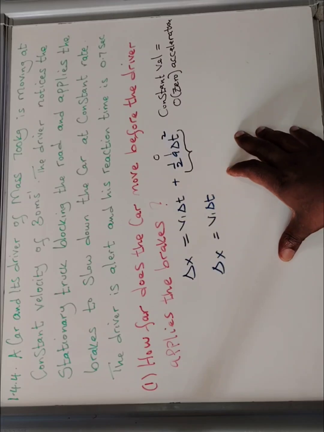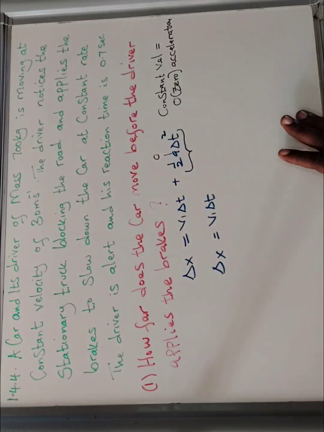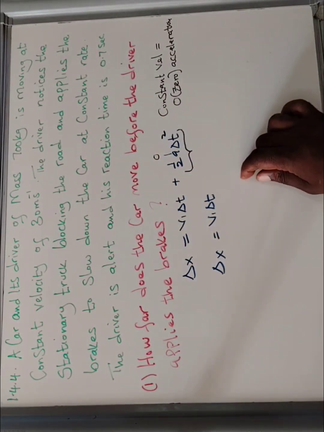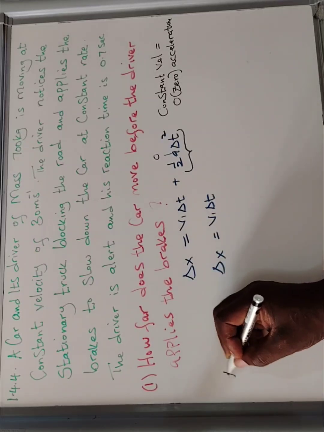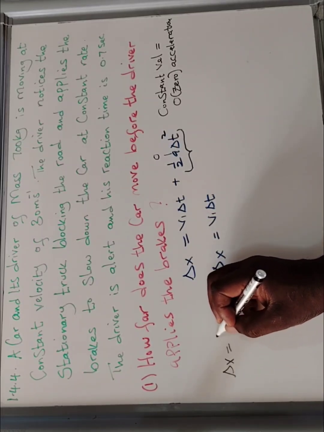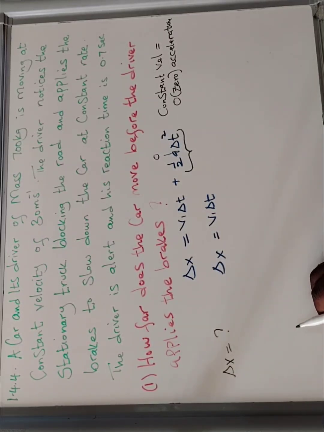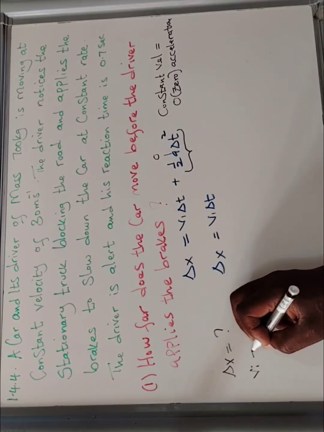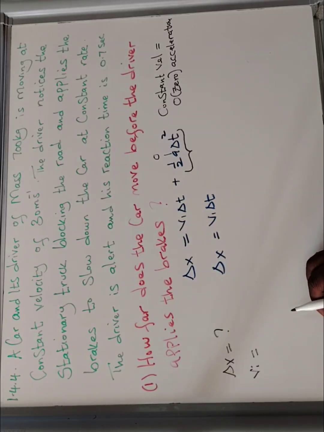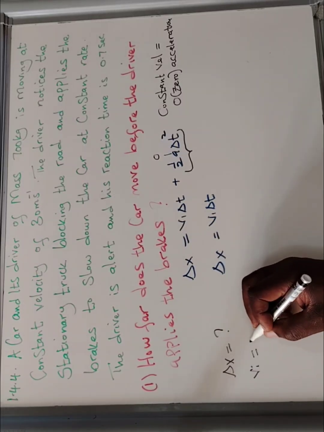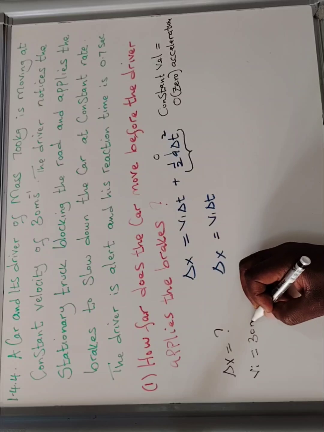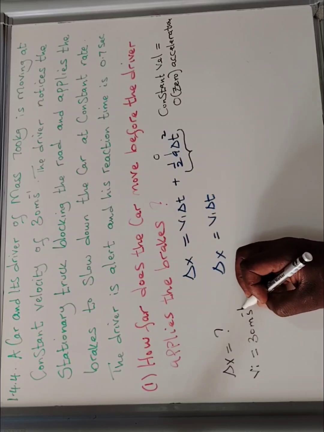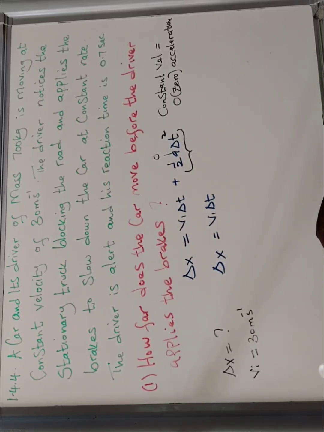That's the explanation. But now let us go to the question. What do you have of this? They are looking for delta x. We don't know it. It's the distance. But what else do we know? We know the velocity at which the car was moving is 30 meters per second. What else do we know?